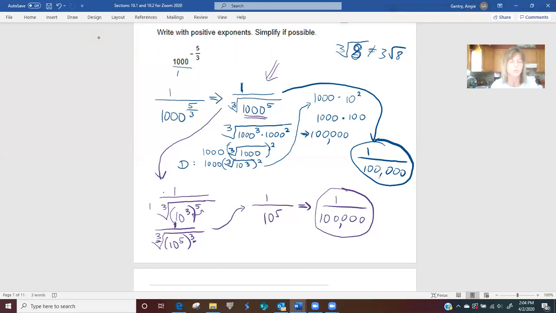Oh, it doesn't like it. It doesn't like the negative exponent. No, it does it when I do 2 to the negative a third. So I wanted to do 1,000 to the negative 5 divided by 3.